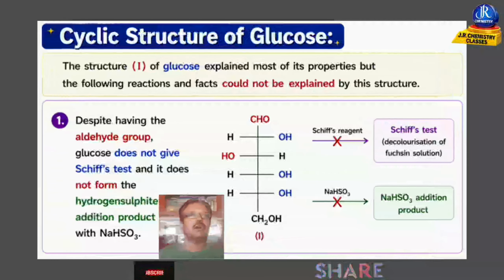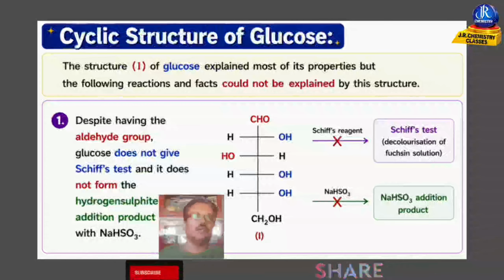Cyclic structure of glucose. The structure first of glucose explained most of its properties, but the following reactions and facts could not be explained by this structure.